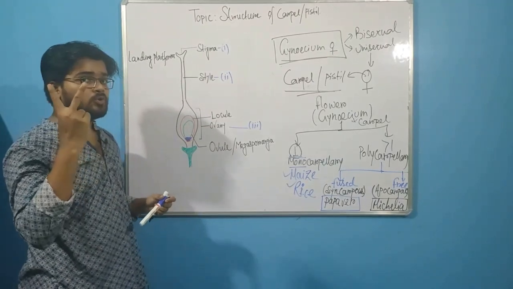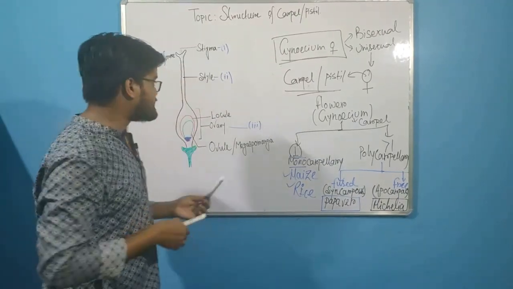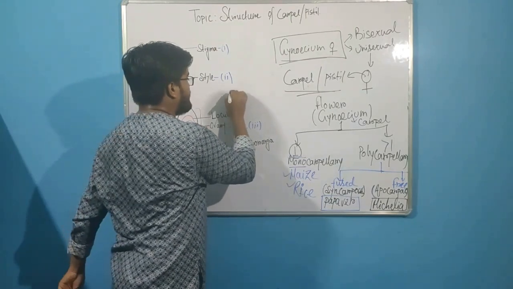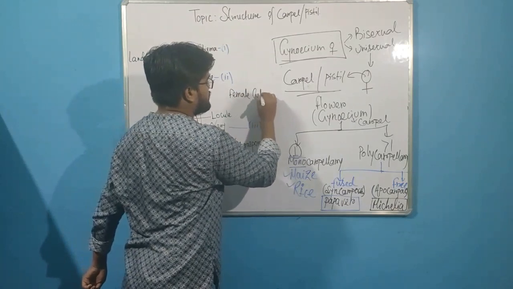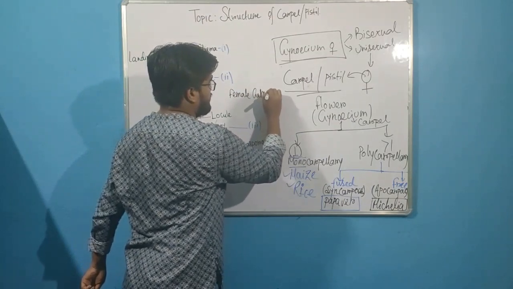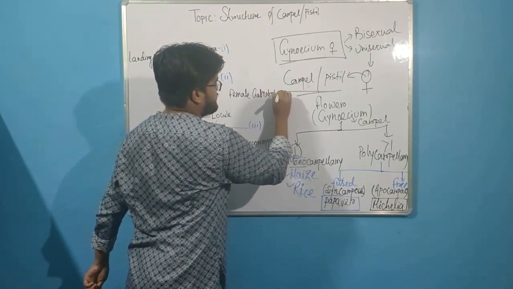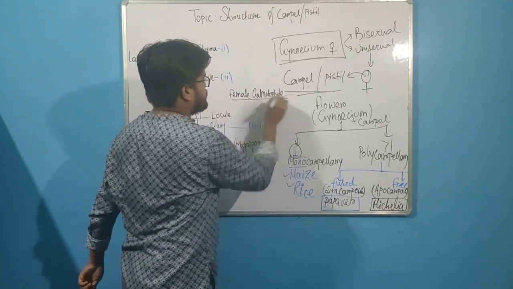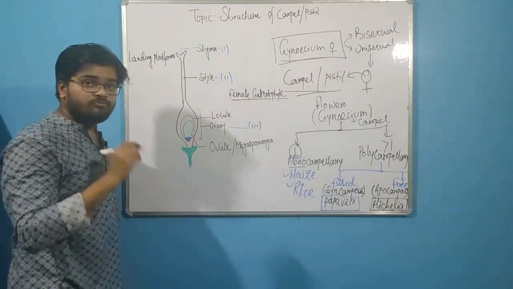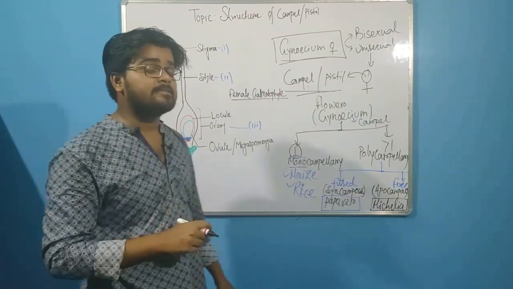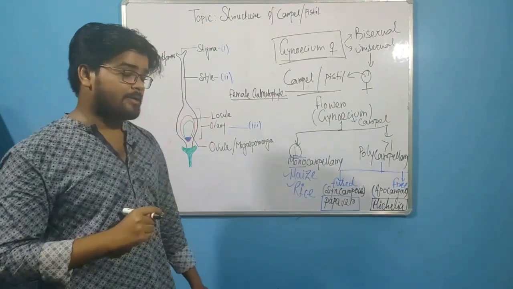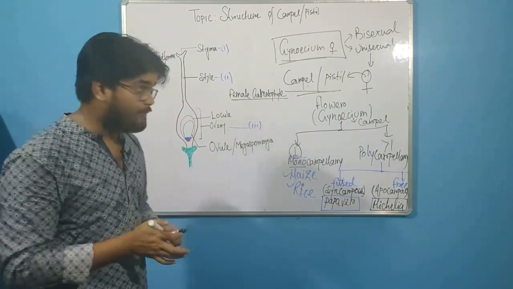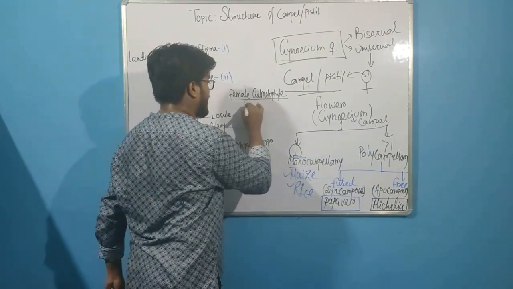Here we have to know two very important things. First, what is the female gametophyte? The female gametophyte means where the gametes develop in the female part. Here the answer is the embryo sac.